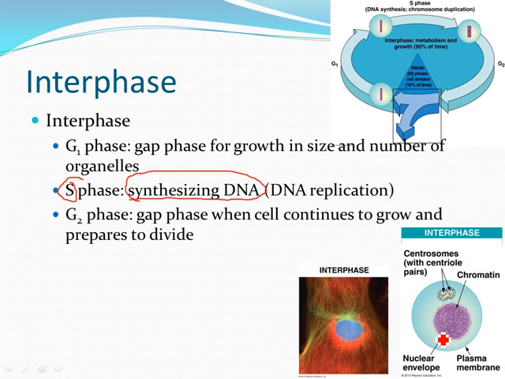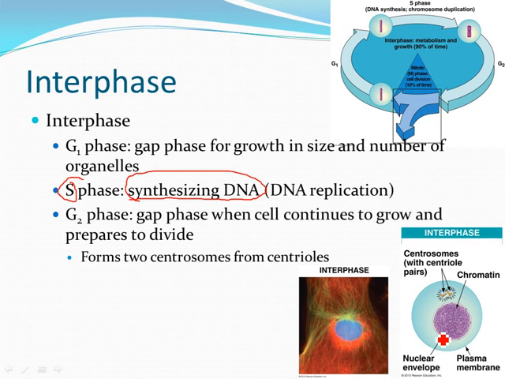Is it in its condensed form or decondensed form? Decondensed form, which is called chromatin. Chromatin. Tin, like Tin Man tin.